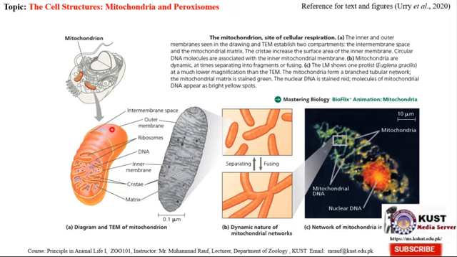The outer is smooth, the inner is thrown into several enfoldings, and these enfoldings are called cristae, and the space which surrounds the inner membrane is called the matrix, where the DNA and ribosomes reside, and there you have this dynamic change in the shape and the fusion and then separation of the individual mitochondria.